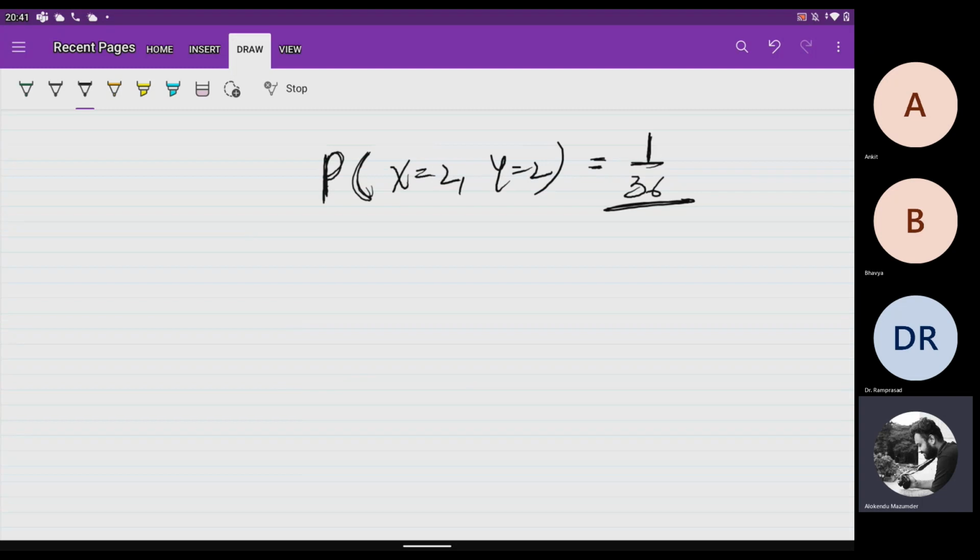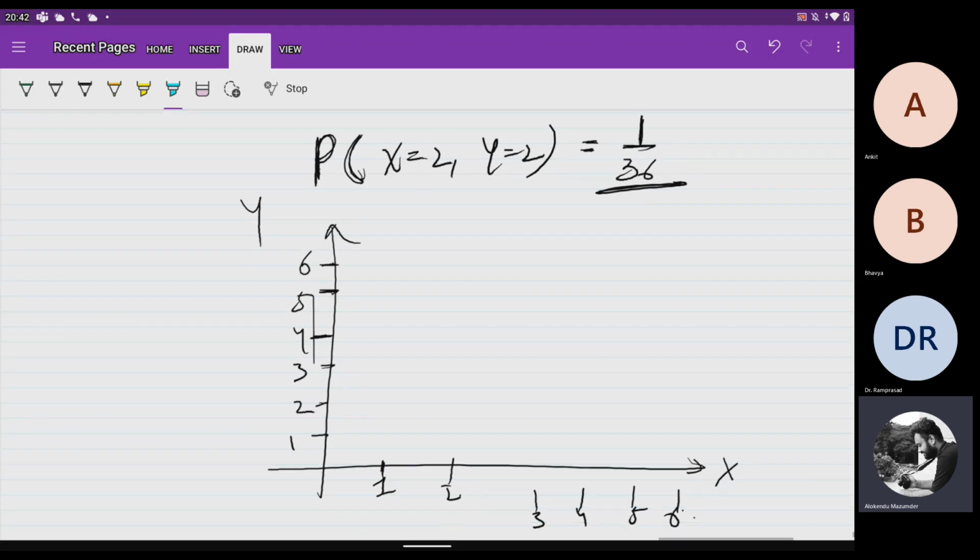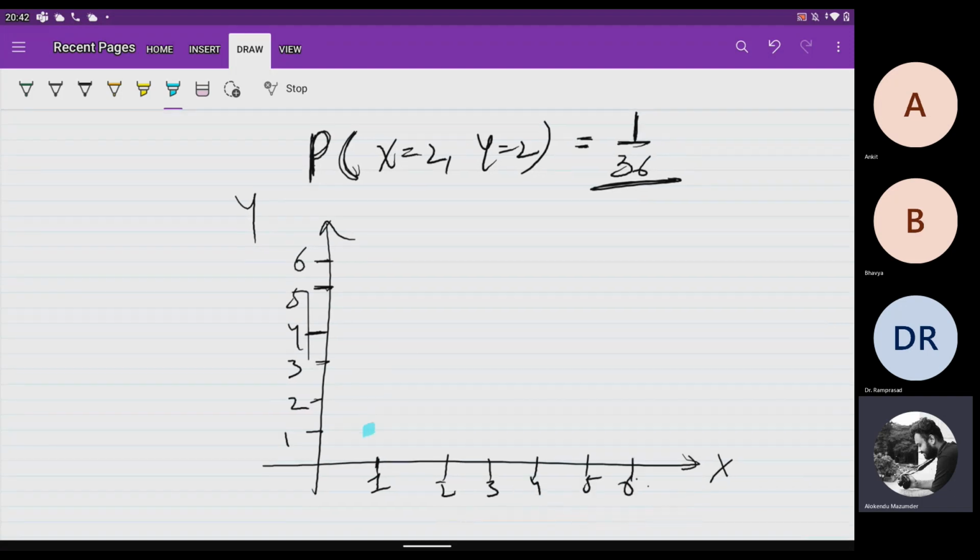Now what you can do is take the sample space like this. This is X, this is Y, with values 1 through 6, and here you can ask what is the probability when x equal to 1, y equal to 1, what is the probability when x equal to 2, y equal to 1, and so on.